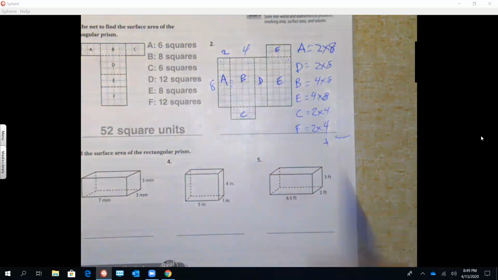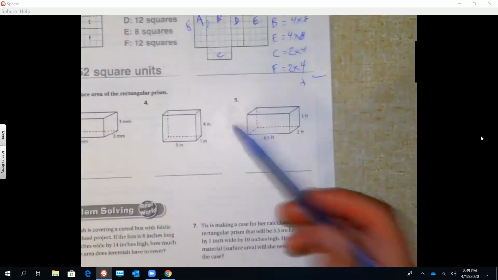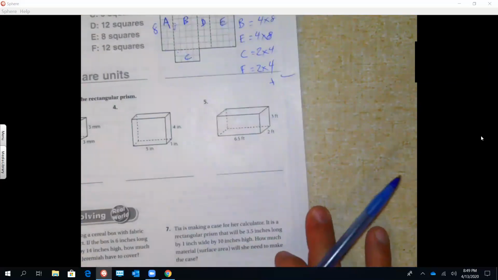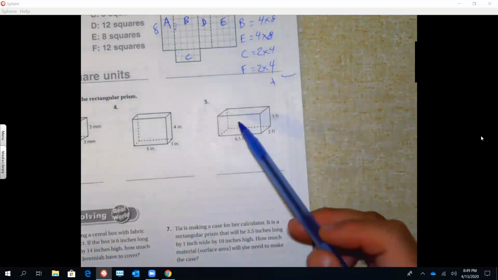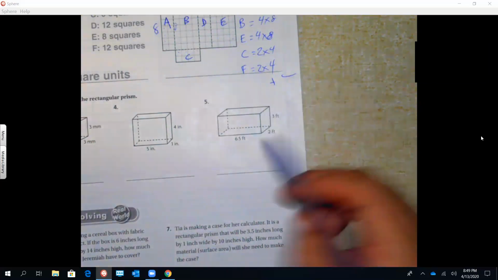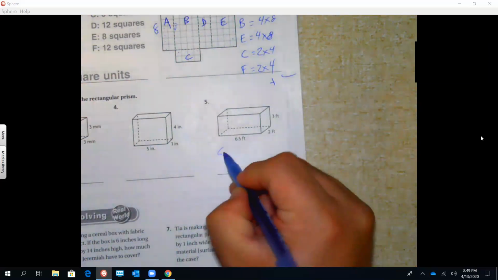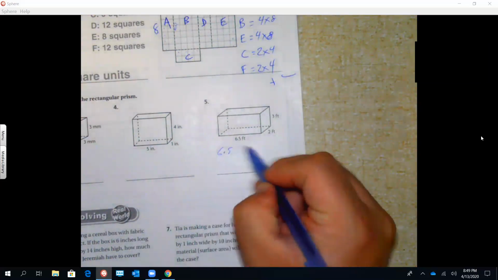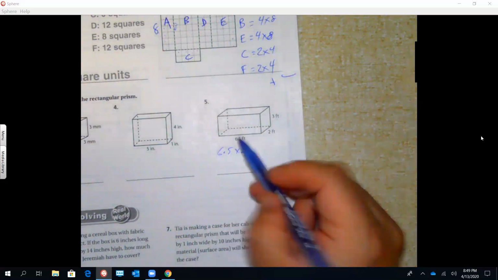Now, if you didn't have this, what would you do? Well, let's look at F. So you have 6 faces. So let's find the measurements.